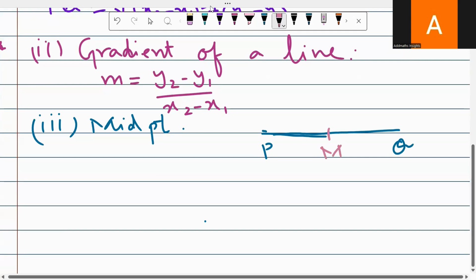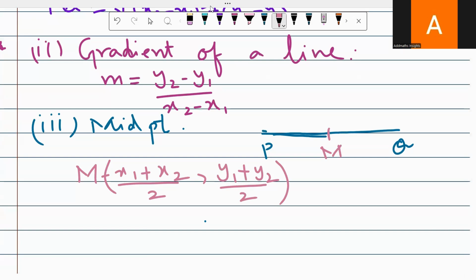And the formula for finding this midpoint is x1 plus x2 over 2. This represents the x coordinate of the midpoint, and the y coordinate is y1 plus y2 over 2. This is how you can find coordinates of the midpoint of the line joining point P and Q.